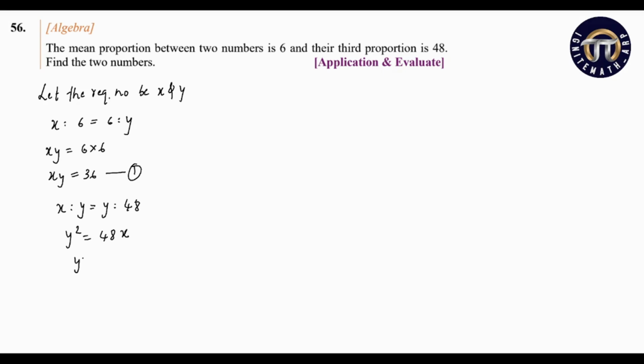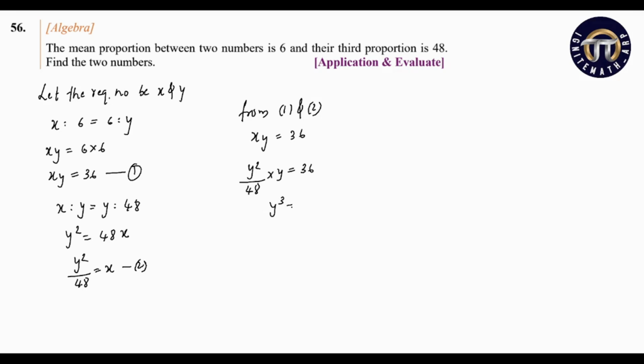So y²/48 = x. I call this equation 2. So now from 1 and 2, xy = 36. In place of x, I will write y²/48 into y = 36.